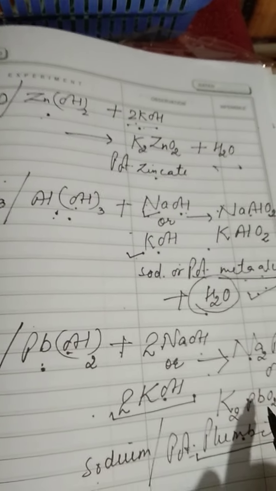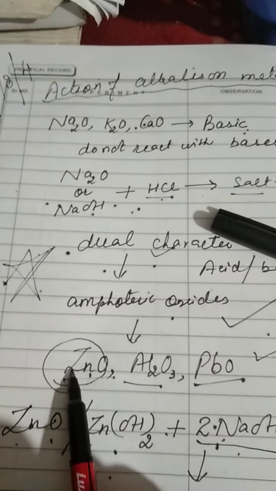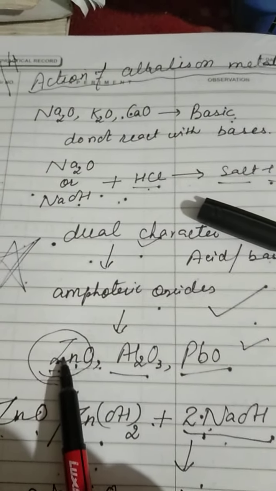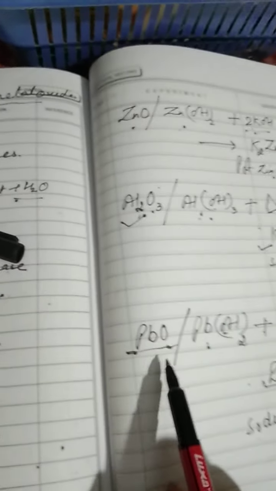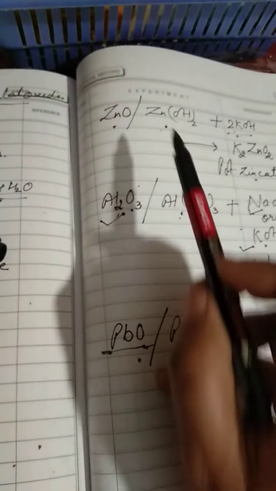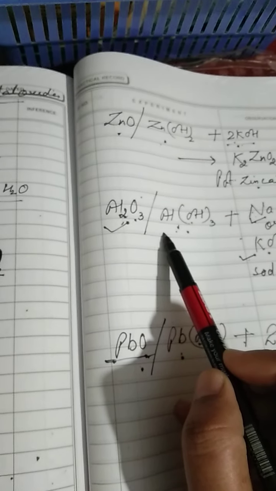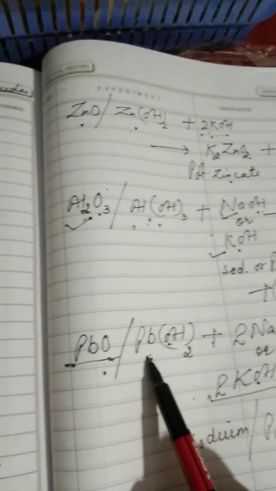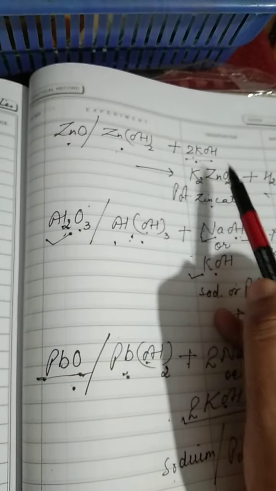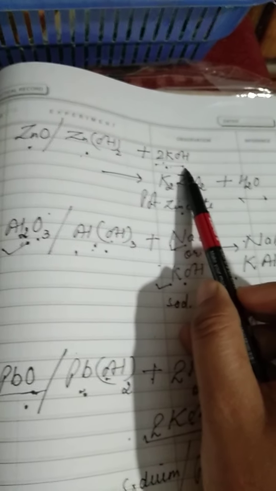So students, you have to keep in mind all these reactions of amphoteric oxides, that is zinc oxide, aluminium oxide and lead oxide, or zinc hydroxide, aluminium hydroxide or lead hydroxide, with either sodium hydroxide or potassium hydroxide.